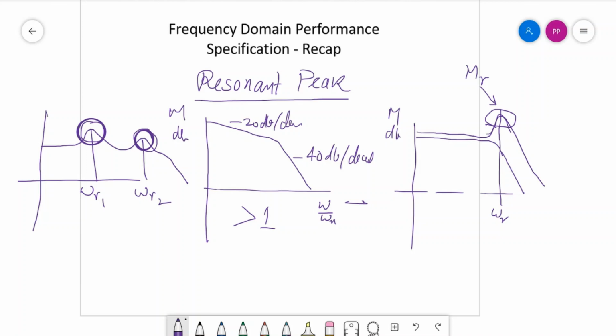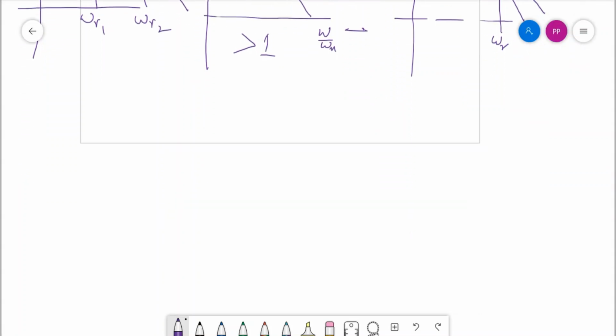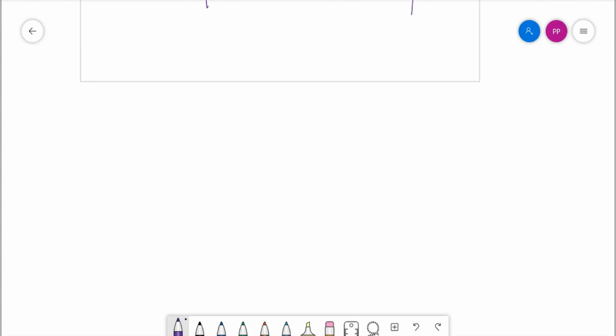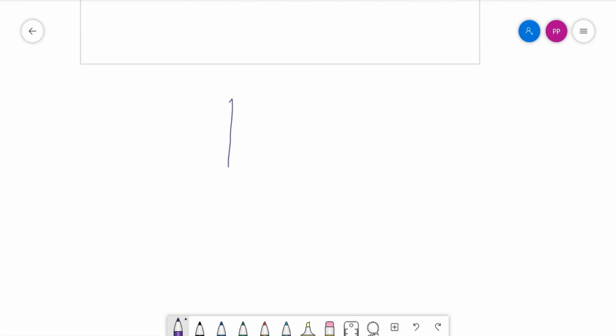Going further, let us talk about the half power frequency. There are situations when we have a gain, and this is the gain of the system for a long time, then there is a fall in the gain.